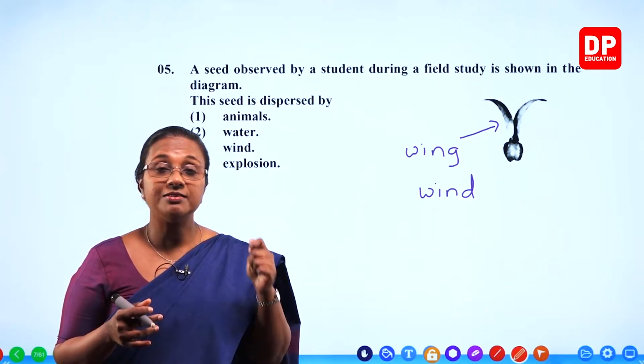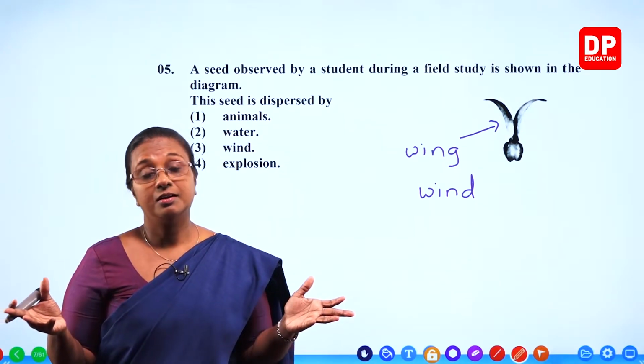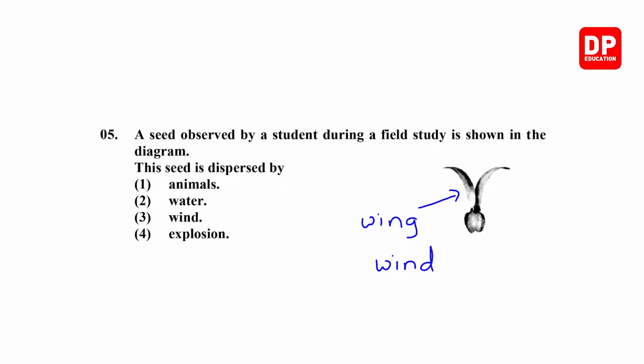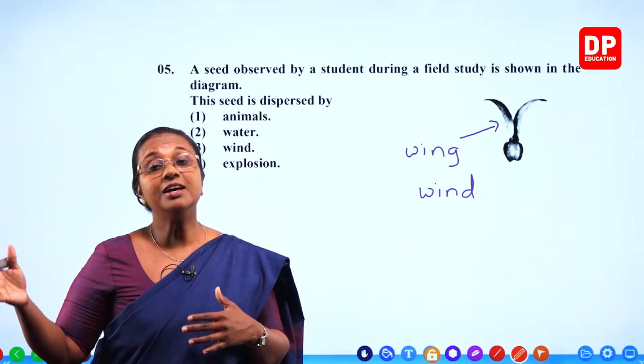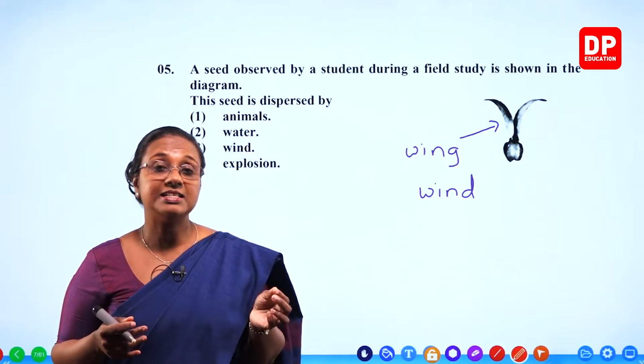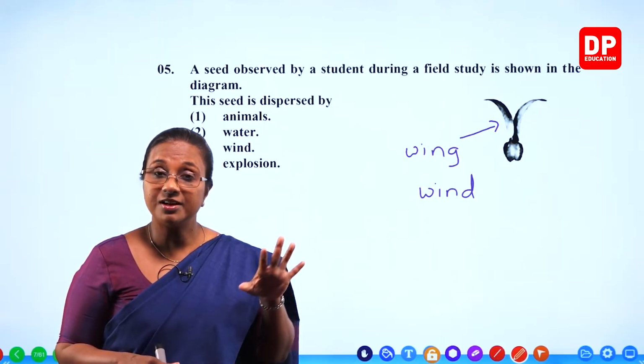So, it usually dries a lot and when it dries, it explodes. Due to that explosive force, the seeds are pushed away. Usually, the seeds that are dispersed by explosive mechanism are also carried with the wind. So, they are also very light seeds and dry seeds. You can remember that. Those are different adaptations.